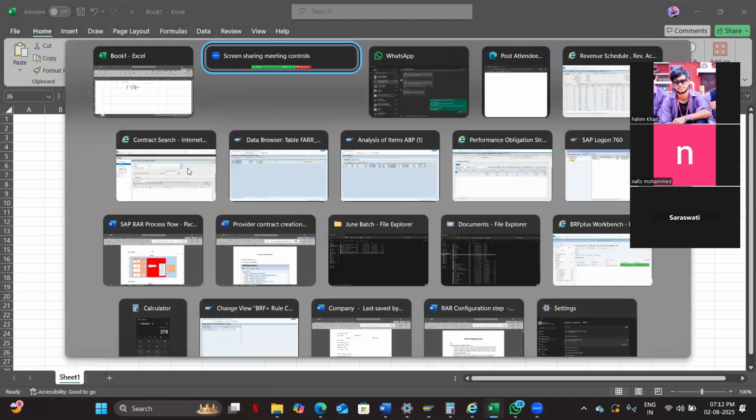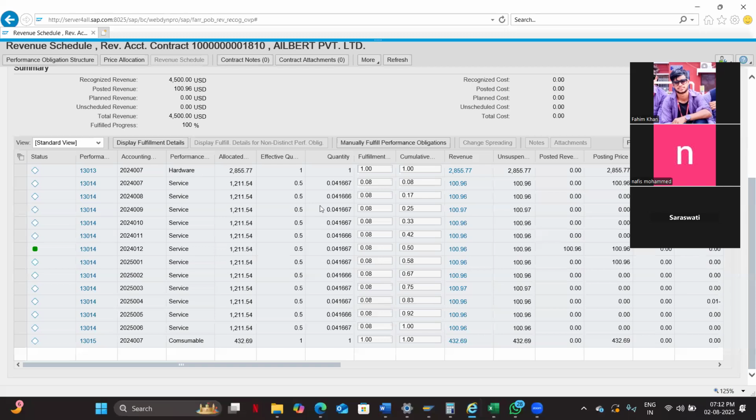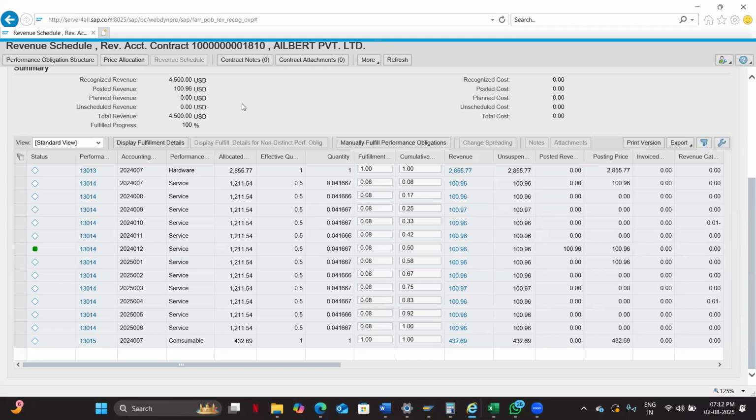You can see I have opened SAP. I have this contract, which I found in my SAP demo system. We have three types of product: this is the hardware product, this is consumption, and in between is service. For the particular service, they recognize per month.